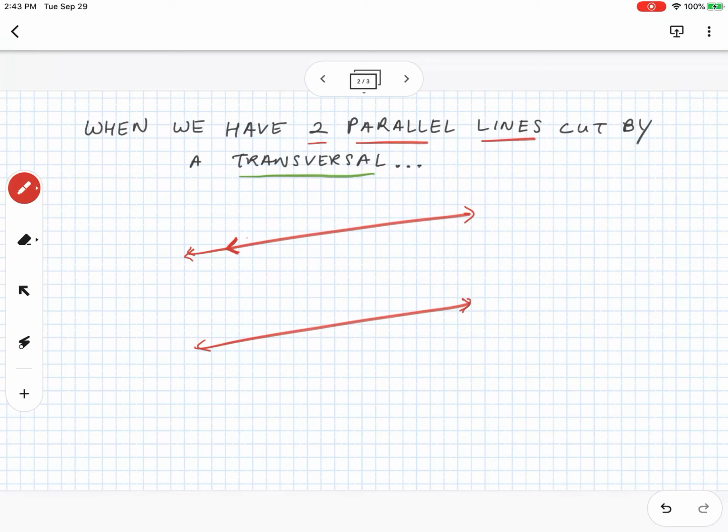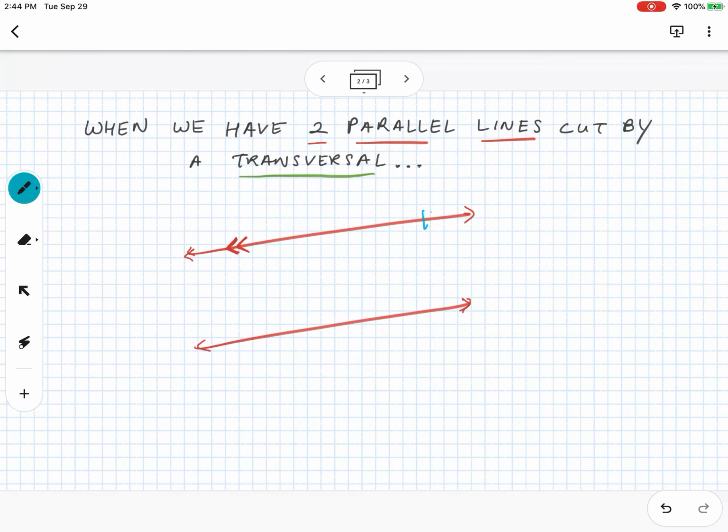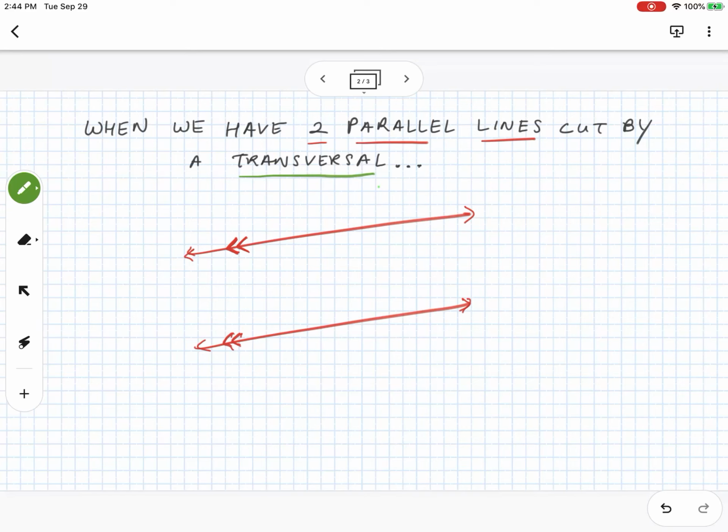And actually, the way that we indicate that they're parallel is like this. In the previous section, we learned that we can put something like this to show that two line segments are the same size, right? Like the midpoint formula, for example. But in this case, when we use this little arrow, these feather markings, this indicates that two lines are parallel, that they never ever meet.